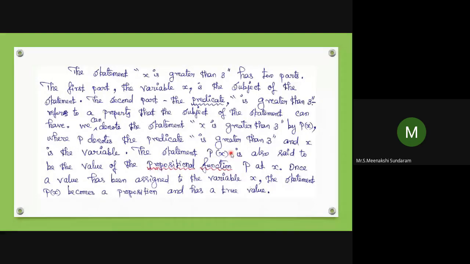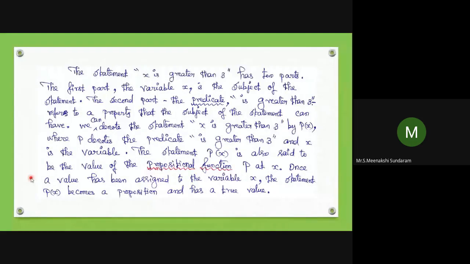The first part, the variable x, is the subject of the statement. The second part, the predicate, is greater than 3. The symbol specifies whether it is greater than or less than, and that gives the conclusion. So "is greater than 3" refers to a property that the subject of the statement can have.